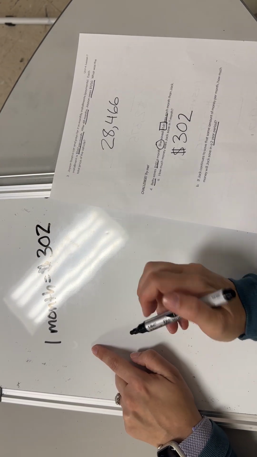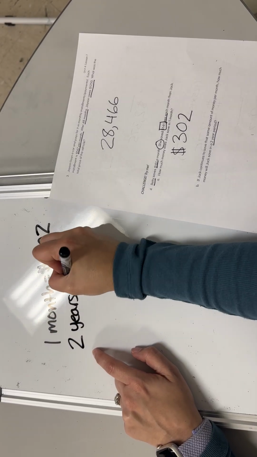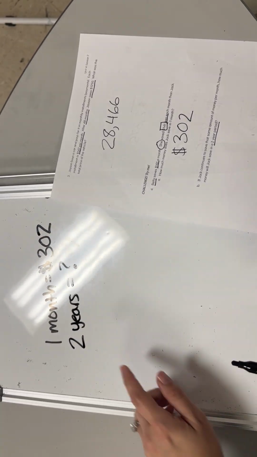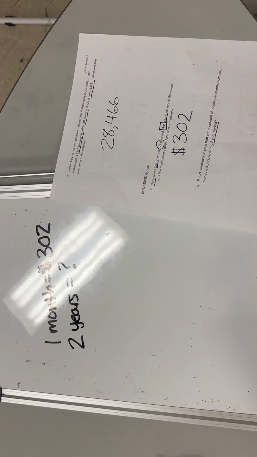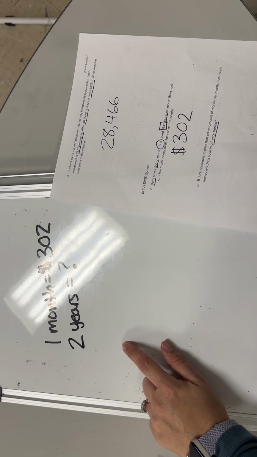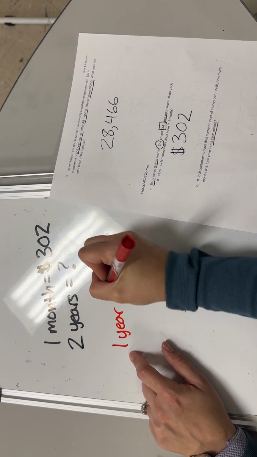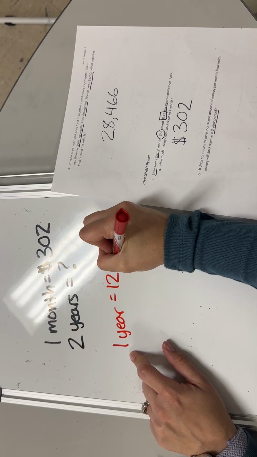I need to know how many there are in 2 years. That's our question. Well, to do that, I need to know a little bit of information. I need to know how many months are there in 1 year. Well, 1 year equals 12 months.